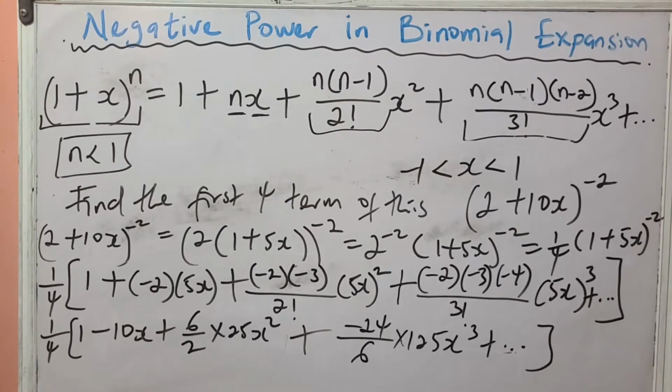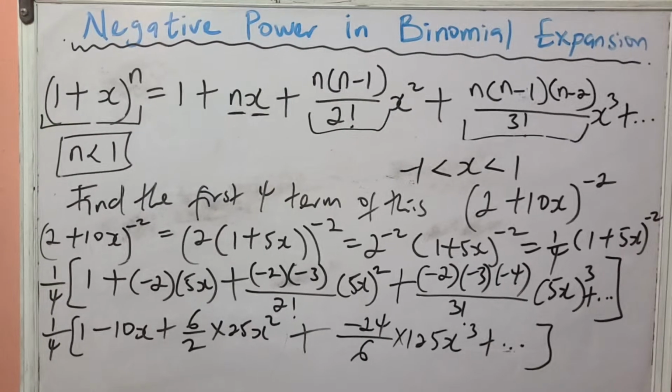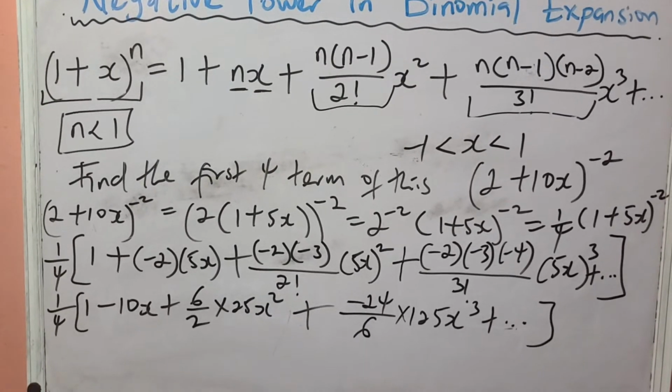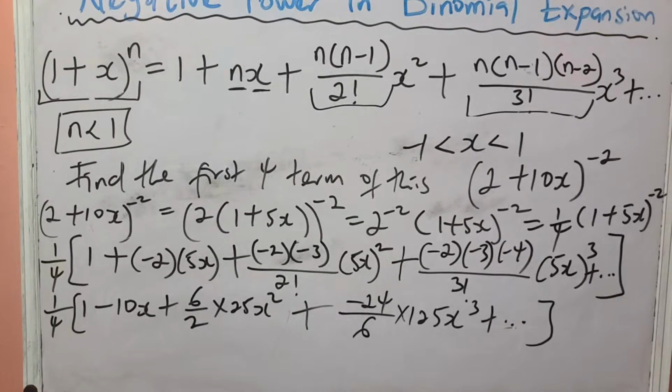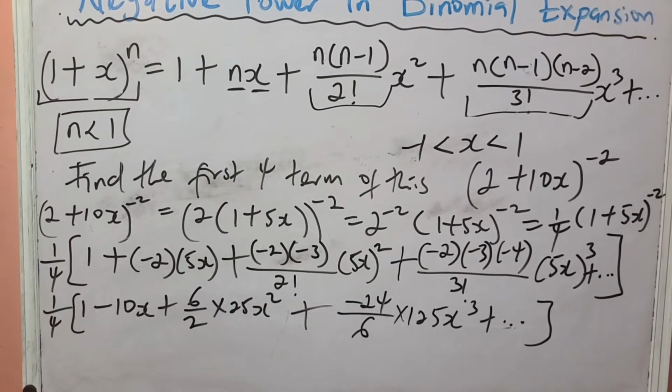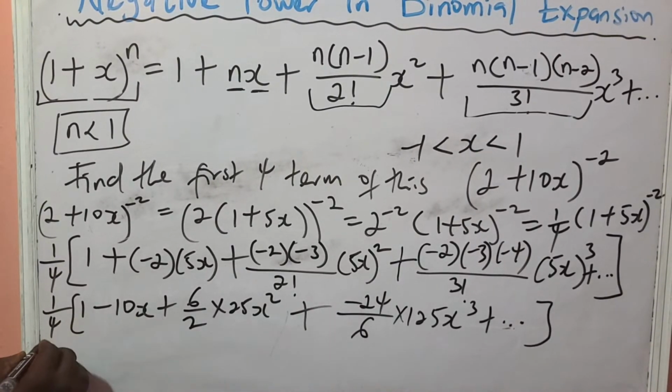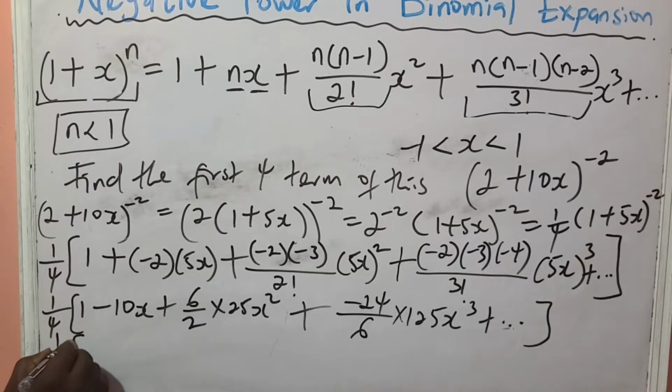Now, I don't want to have to write this all over again. Let me shift the camera to adjust a little bit so we can use the space down to solve this properly. So we have 1 over 4.